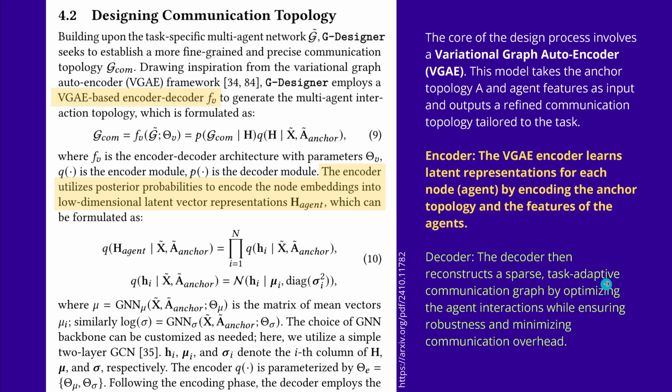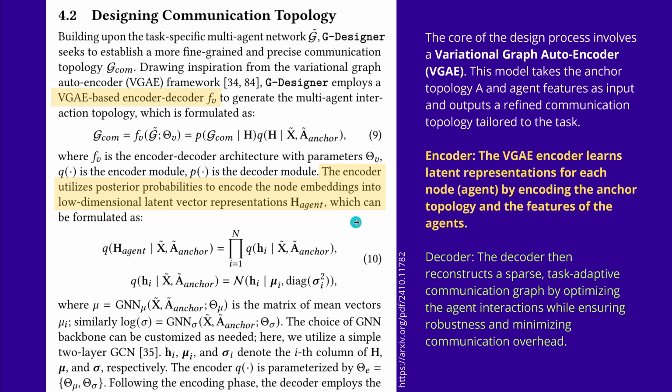It reconstructs a sparse task-adaptive communication graph by optimizing the agent interaction while ensuring robustness and minimizing the communication overhead. Remember, from our protocol we had 3 terms. So this is now a huge optimization topic that we have with a very specific tool, a variational graph autoencoder. This is the basic idea.